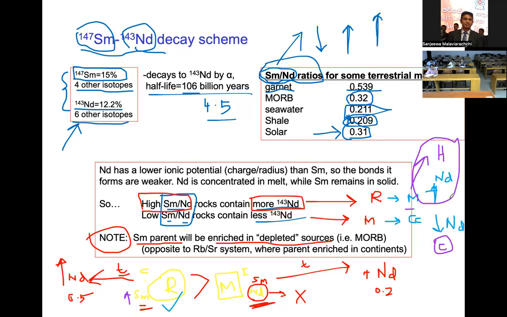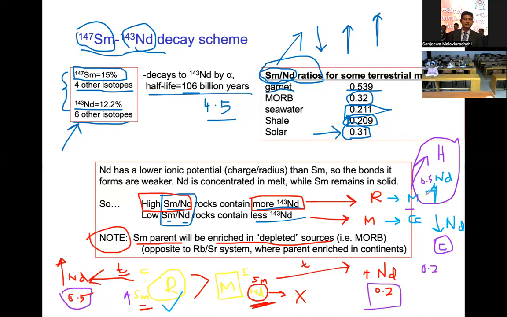For example, just put a number like 0.2 for the continental crust and 0.5 for the mantle. These are not the correct values, but I am just putting some numbers to give you the idea, right? Like here, we put 0.2 for the melt and 0.5 for the residue.